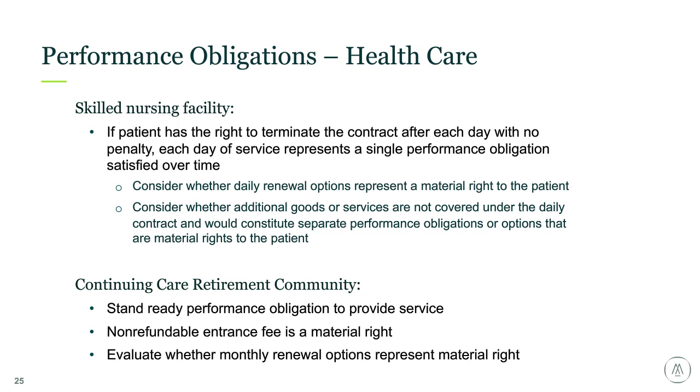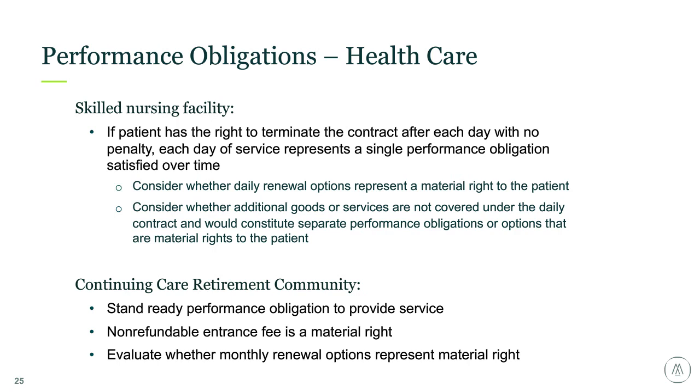So the promised good or service, which is the performance obligation for a Type A life care resident, is that the CCRC is standing ready each month to provide a service such that the resident can continue to live in the CCRC and access the appropriate level of care based upon their needs.